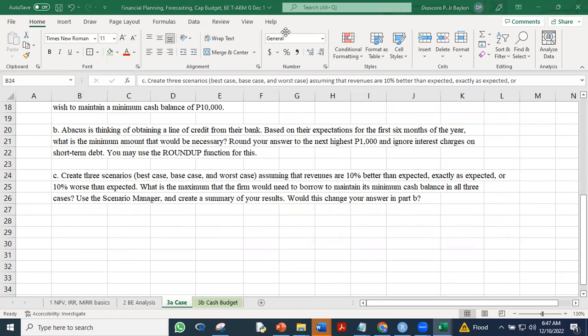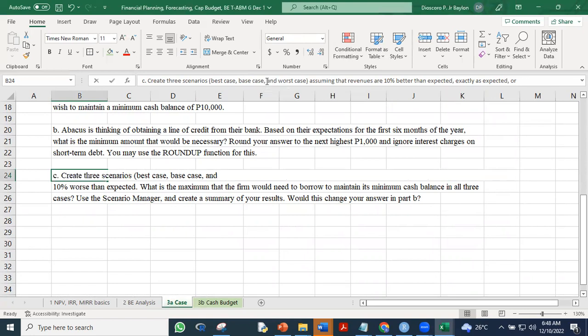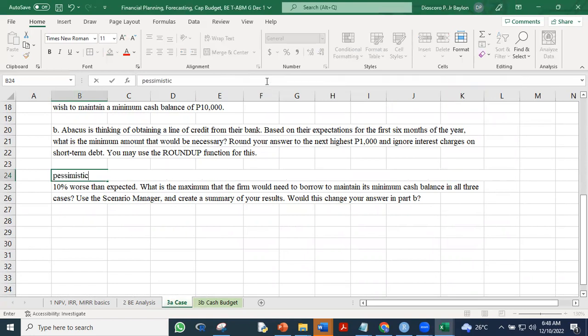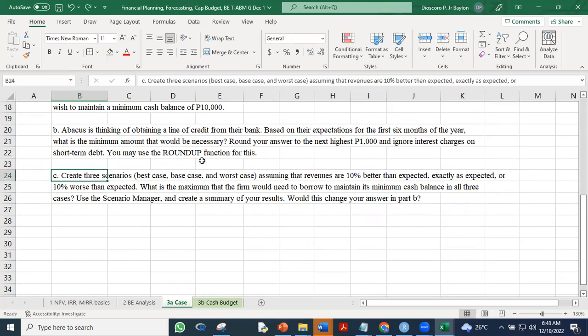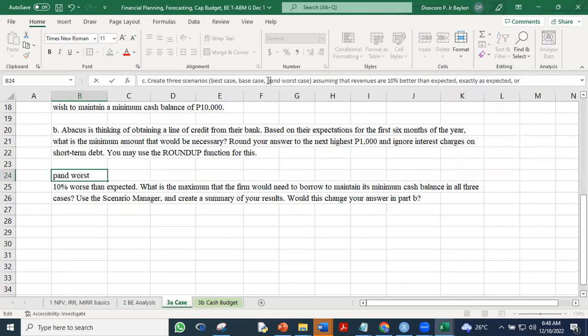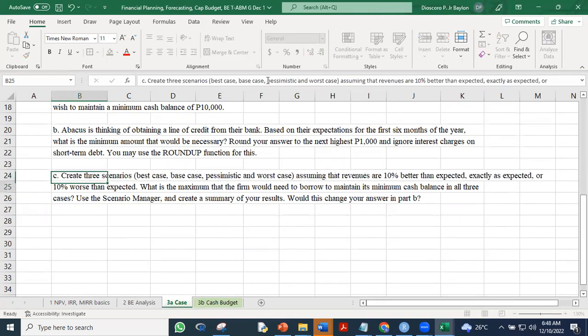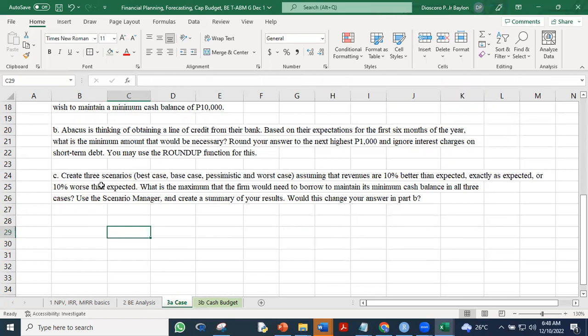So we're going to create four scenarios. You have best case, base case, and then let's put here a pessimistic case. Kindly include here pessimistic. And what's the best case? The revenues will be 10% better. The base case is exactly as expected.